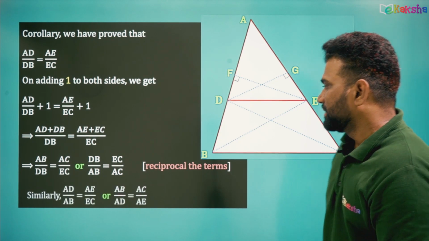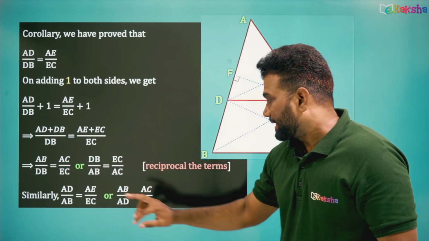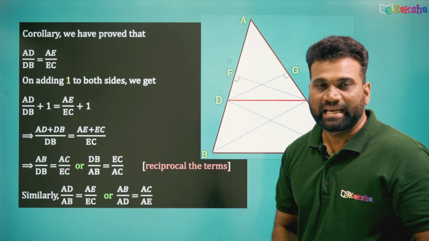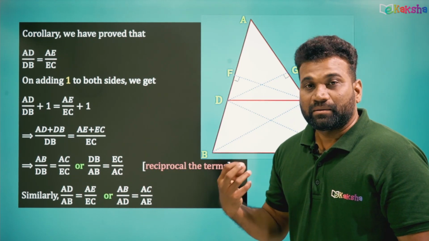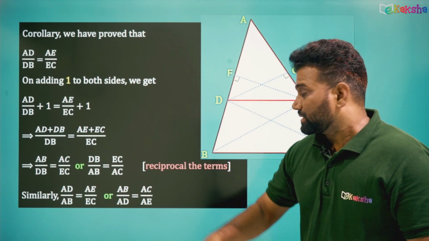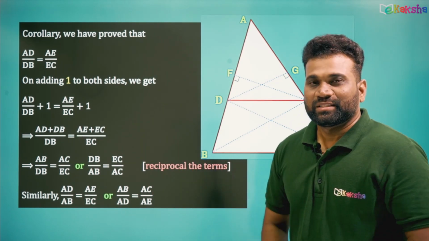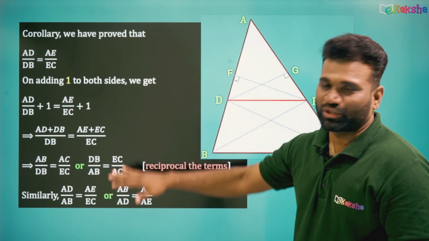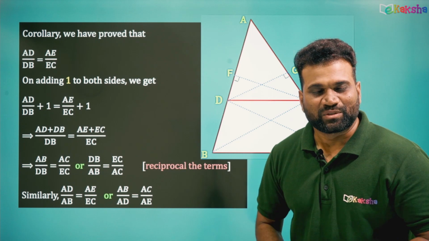Similarly, AD over AB is equal to AE over AC, and again reciprocalizing, AB over AD is equal to AC over AE. So whenever we need such a situation, we can directly use them. Clear? So this is about the basic proportionality theorem and its corollaries. Hope you understood. Shall we discuss once again briefly?